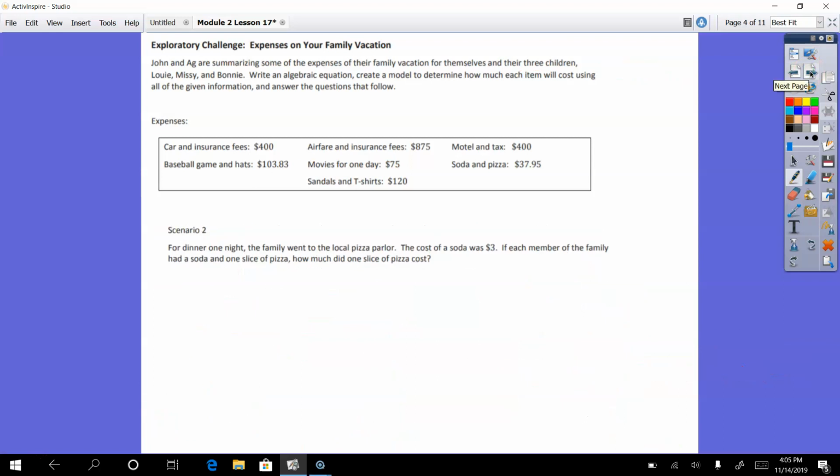Okay, so in scenario 2, for dinner one night the family went to the local pizza parlor. The cost, okay, so the family, so that was 5 of them. The cost of a soda was $3. If each member of the family has a soda and 1 slice of pizza, how much did 1 slice of pizza cost? Okay, so the whole family went.